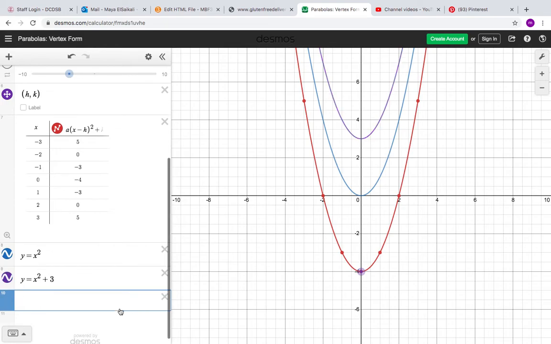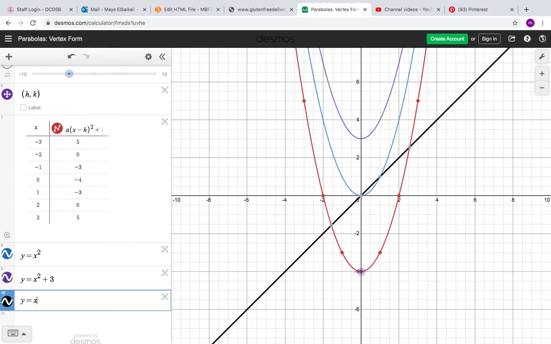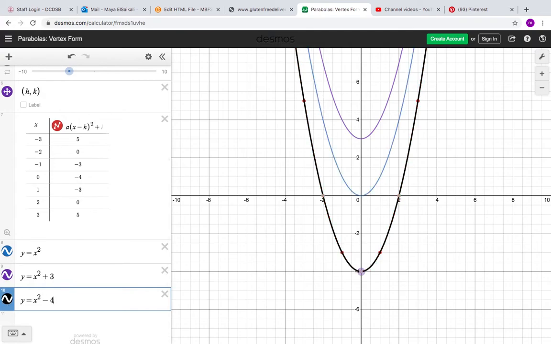If I have y equals x squared minus 4, the graph has moved 4 units down, and it has a vertex of (0, negative 4). So remember, k is going to cause a vertical translation up or down. If it's positive, it's going to go up. If it's negative, it's going to go down. It's the simplest one of them, and it's going to affect the y value of the vertex.